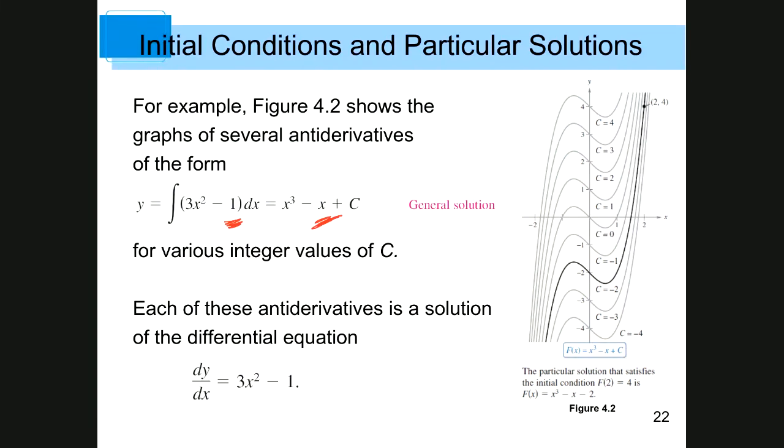If I give you 3x squared, if I differentiate x cubed, it gives me 3x squared. So the integral of this becomes this. But of course here we add this famous constant.